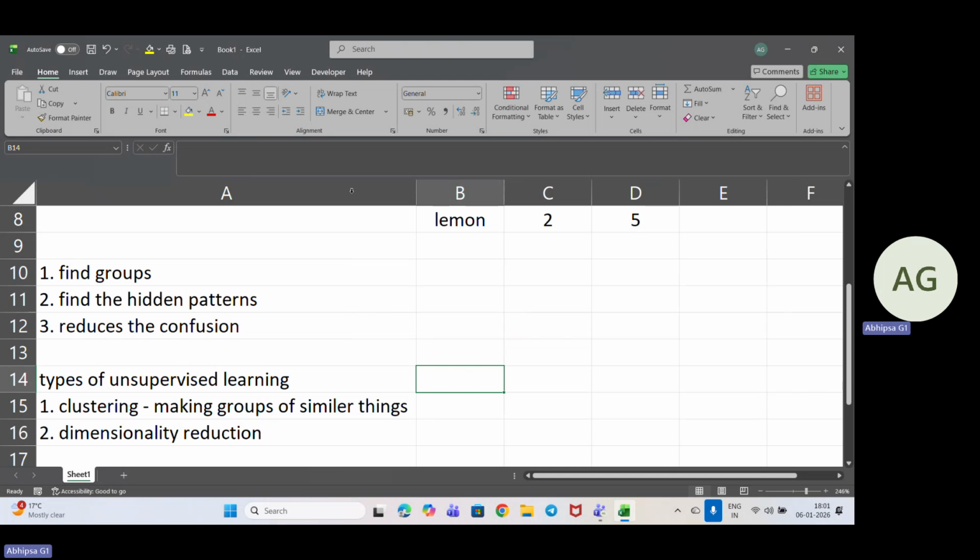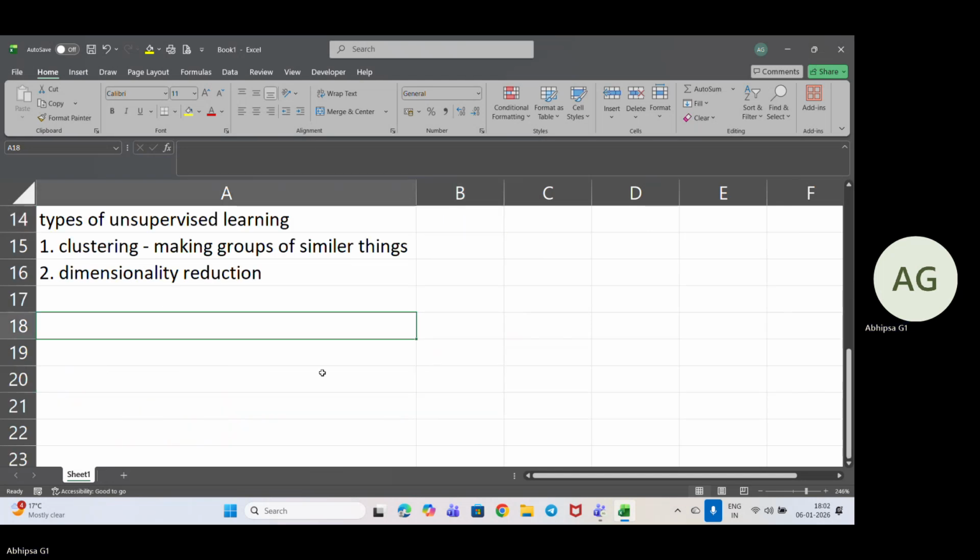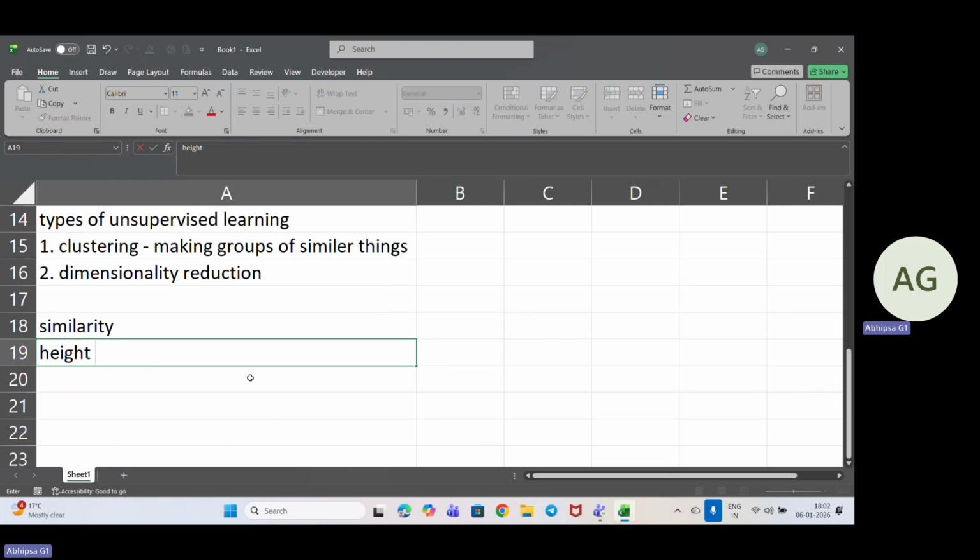Okay. Now coming down, what is similarity? Similarity means how close the things are. Suppose I have a fruit whose height is 150 centimeters. Let's consider not a fruit, let's consider a person, a student maybe.